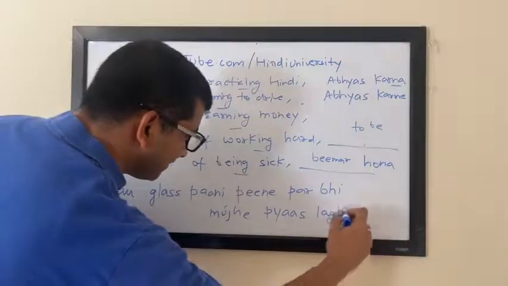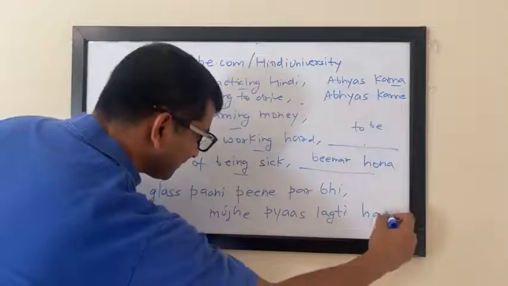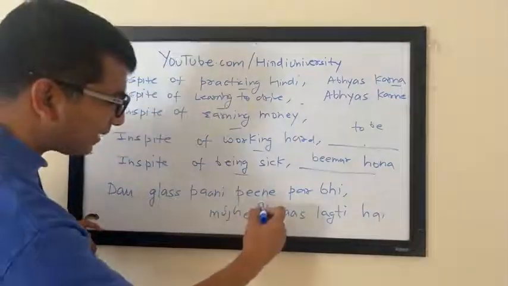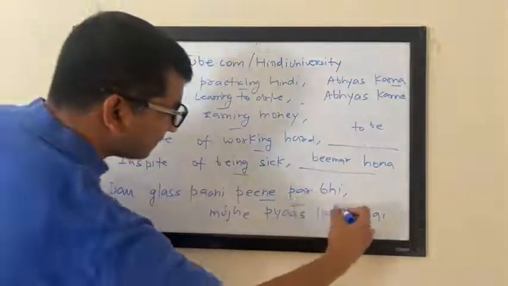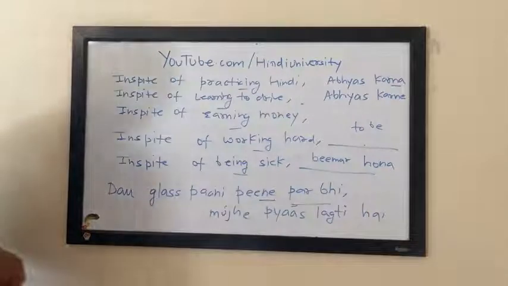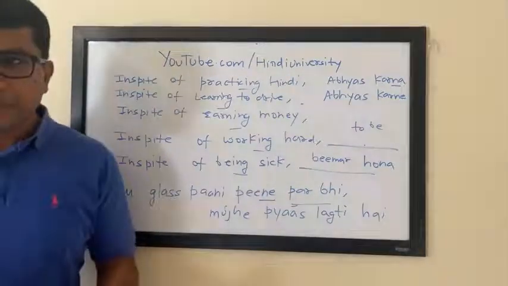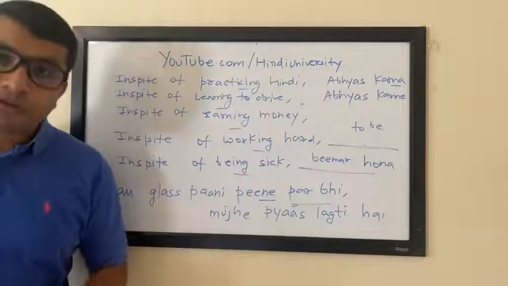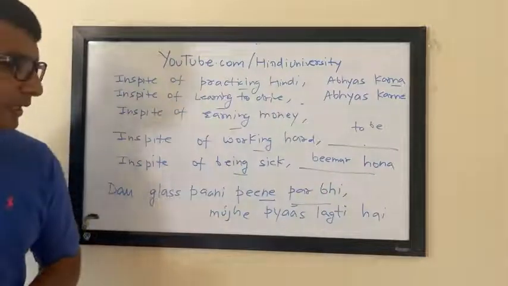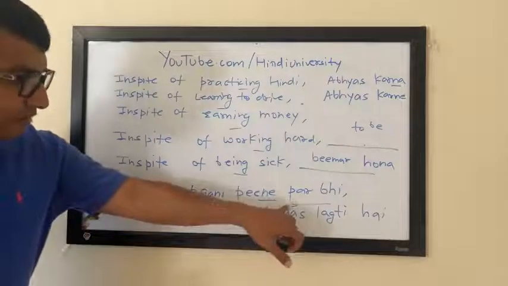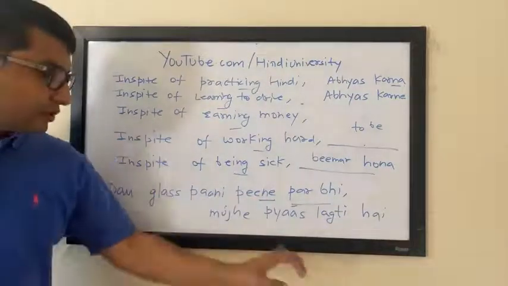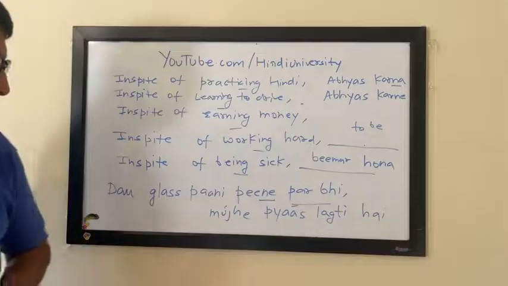Very good. You answered your own question, right? It's a different verb. Basically, you're trying to emphasize that you drank a lot of water, yet you're feeling thirsty. Or you can use the other form: 2 glass पानी पीने के बावजूद मुझे प्यास लगती है.